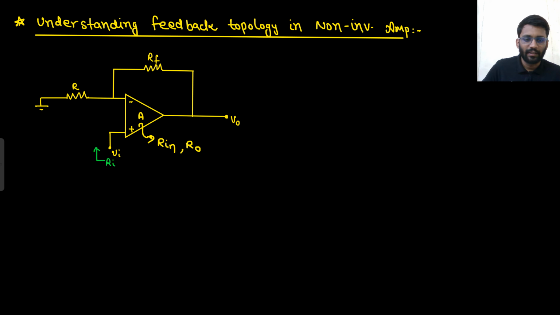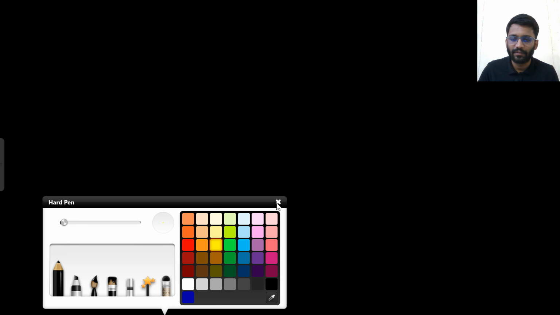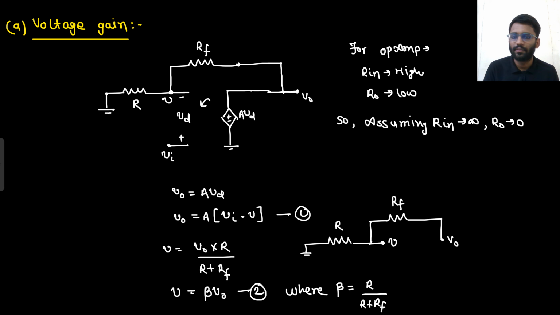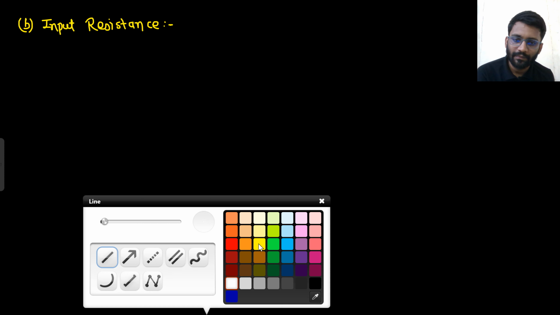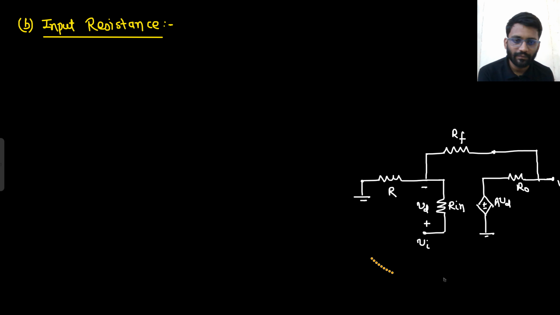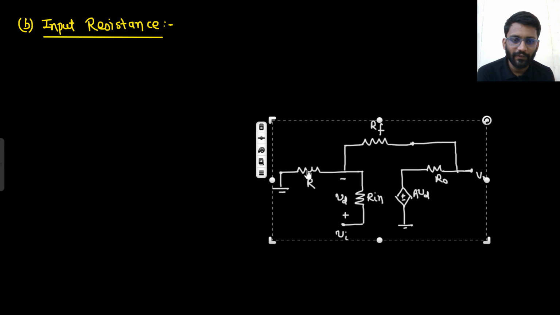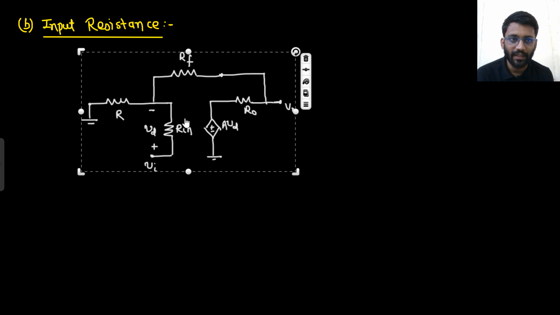Let's find the second thing, the input resistance. This was A, second is B. If I am finding the input resistance, what is the assumption I am going to take?